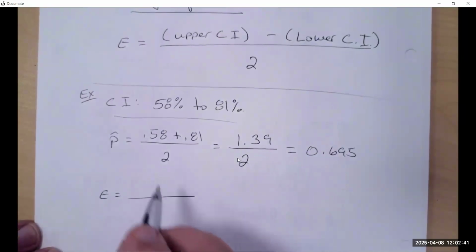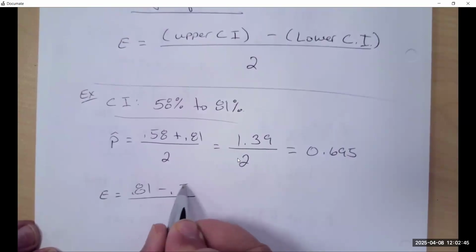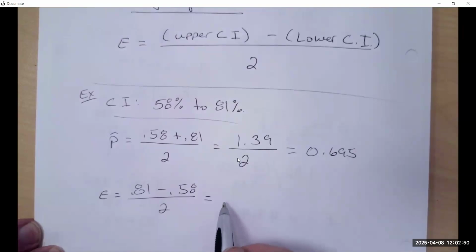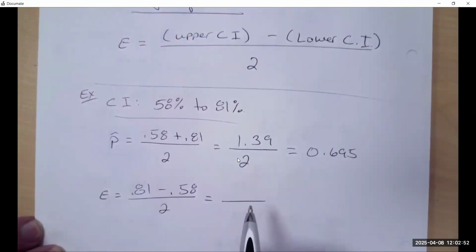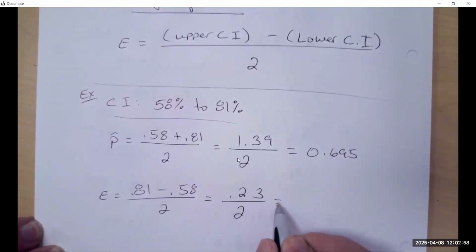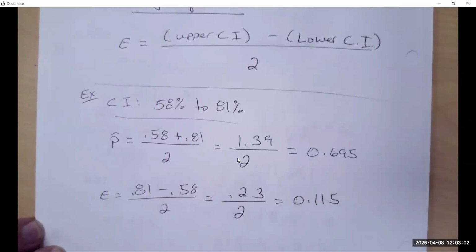And the margin of error is the upper, 0.81 minus 0.58, over 2. That's 0.23 over 2, which is 0.115.